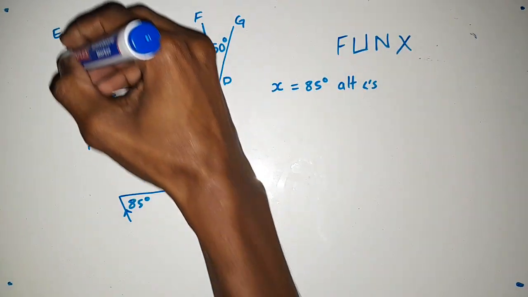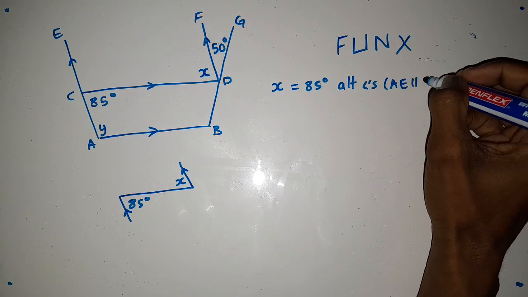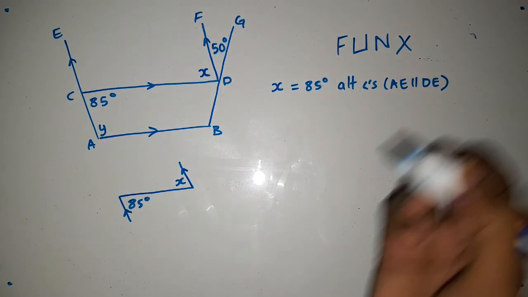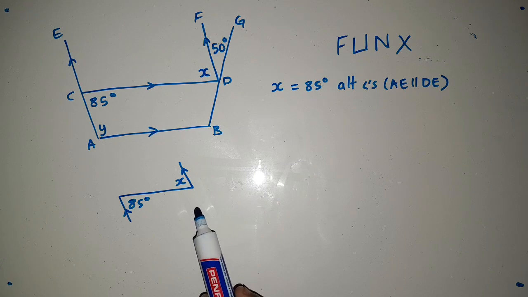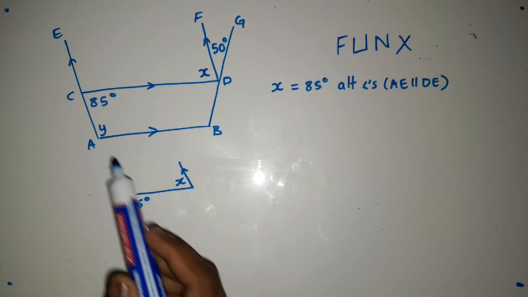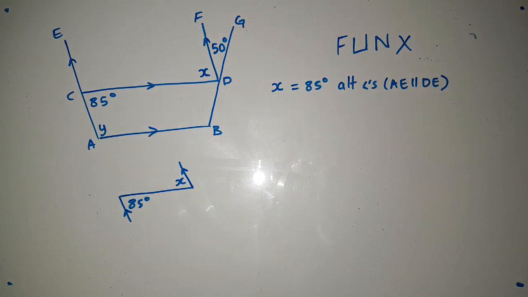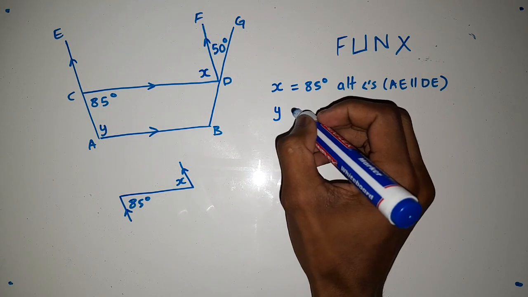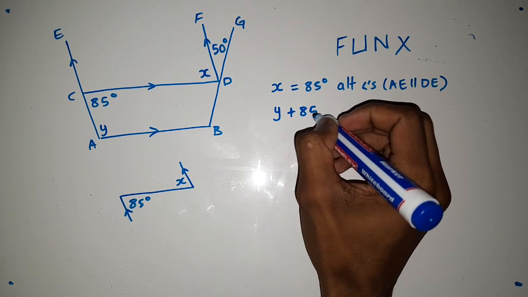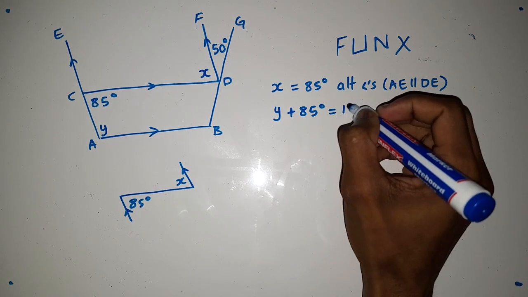Then let me say AE is going to be parallel to DE. Do you understand? Then for us to figure out the value of Y, it's so simple. We can say if we take Y together with 85, we must get the value of 180 degrees.